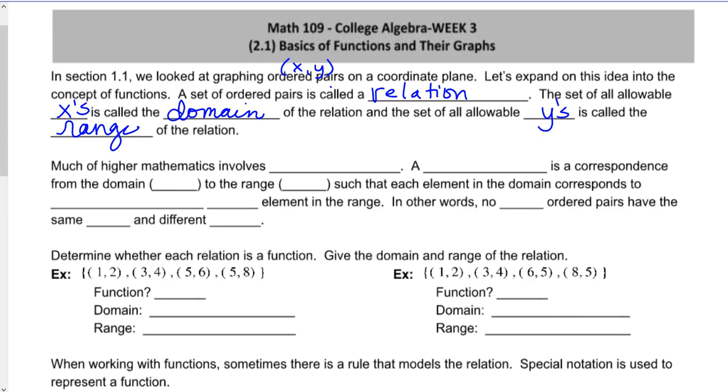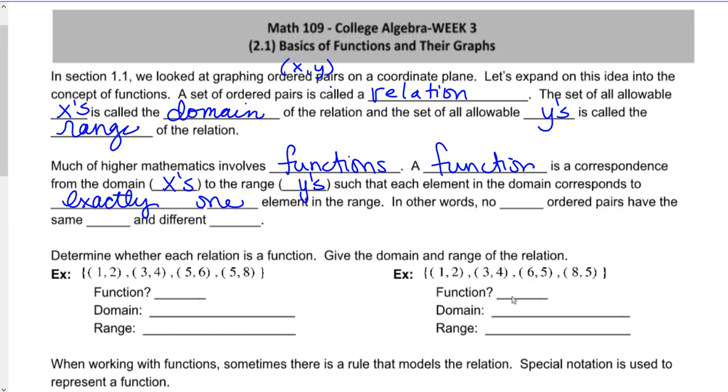Now, much of higher mathematics involves functions. And a function is a correspondence from the domain, which if you recall just above are our x's, to the range, which is our y's, such that each element in the domain corresponds to exactly one element in the range.